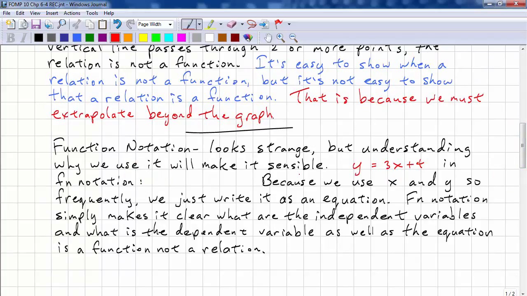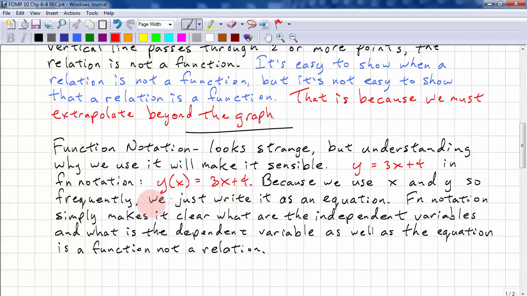Now, function notation. This looks strange at first, but by understanding why we use it, it will make it sensible. So we have y is equal to 3x plus 4, and that's in equation notation. And in function notation, it looks like this. Y of x, we say of, when something's in brackets, 3x plus 4. Okay, so we're just adding this.